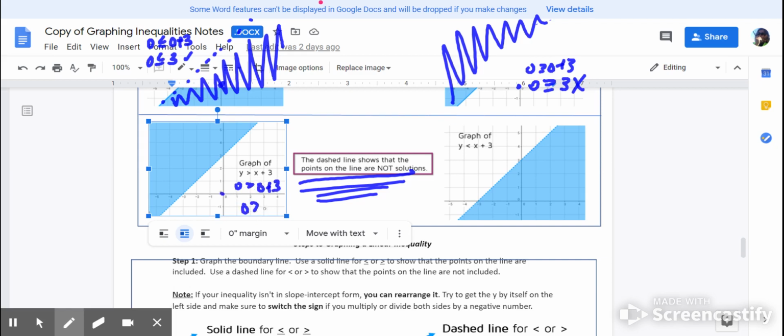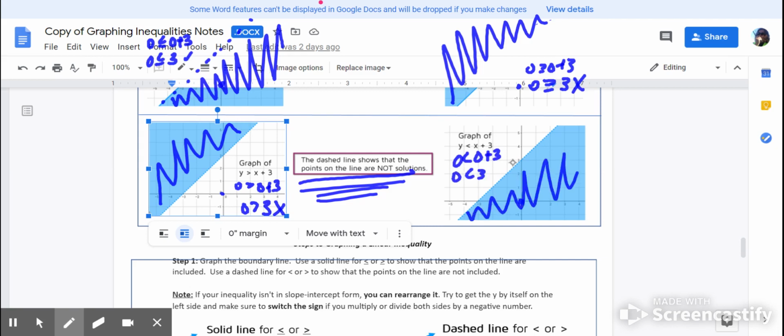That is not a true statement, that 0 is greater than 3, so I shade above my dotted line. The other one, if I test (0, 0), is it true that 0 is less than 3? That is a true statement. Therefore, I shade the part where (0, 0) is.